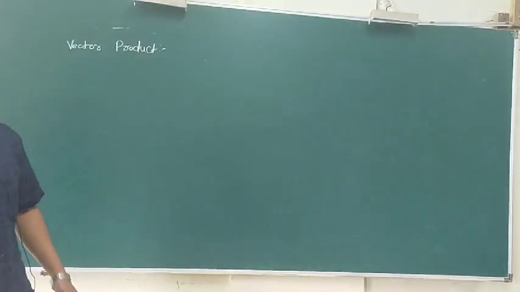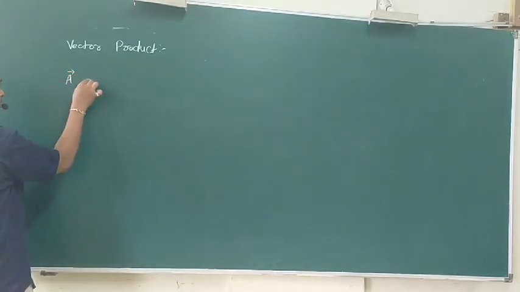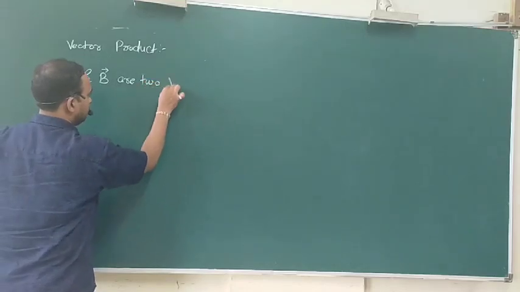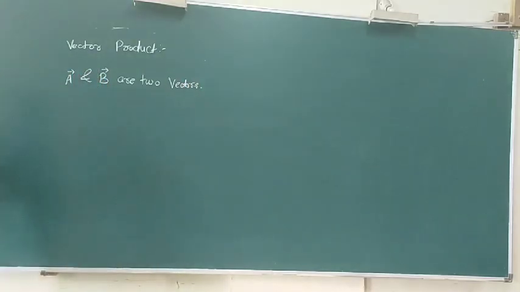If a bar and b bar are two vectors, then the vector product between these two vectors is a third vector whose magnitude is equal to the product of their magnitudes and the sine of the angle between these two vectors.